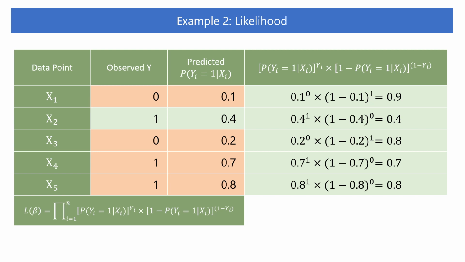In other words, it has a higher prediction accuracy than the previous model. Let's compute the likelihood for this model as we did for the previous model. The calculation results show that the likelihood is higher than the previous model. The higher likelihood indicates that the prediction accuracy of the model is higher.